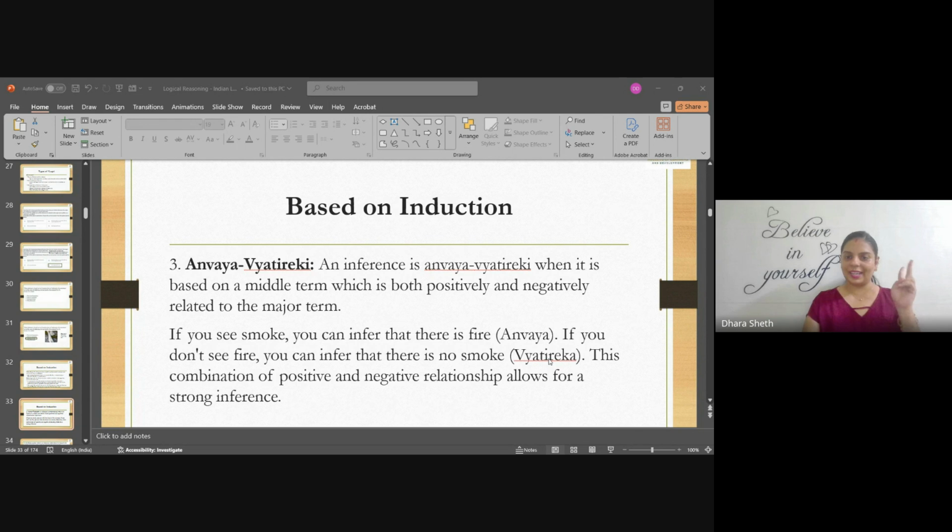That would become our second kind, the keval anvay vyatireki. But here there is a positive and negative relation. If electricity is there, TV works. If it is not there, TV does not work. So that is an anvay vyatireki kind of relationship. Does that make things clear? Electricity and television?